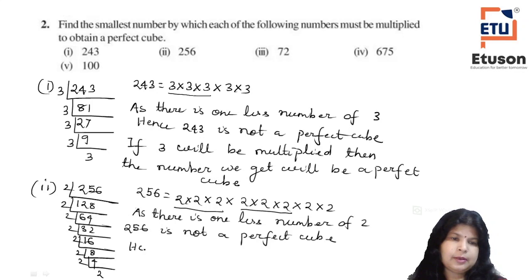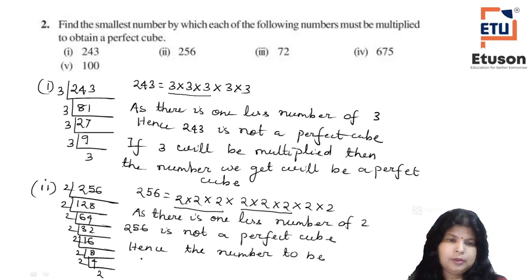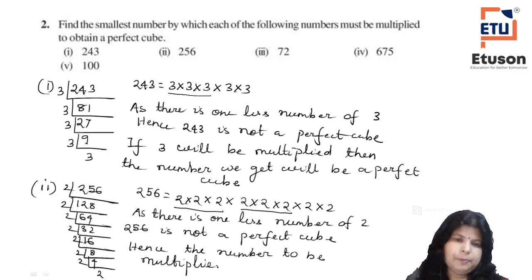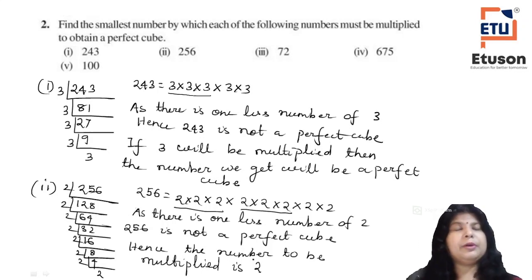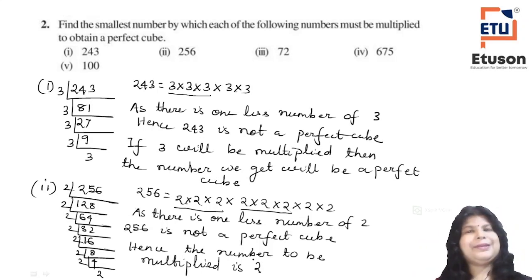Hence the number to be multiplied to obtain a perfect cube is 2. Okay. So hence the number to be multiplied is 2. Then only you will get a number which is a perfect cube. Correct, children? Hope you have understood. Now let us go to the next bit.